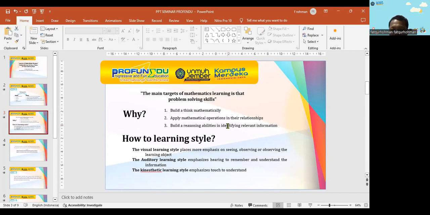So what is important in auditory is remembering what is heard. In the kinesthetic learning style, the student uses movement to understand. So the learning style is important for problem-solving skill.